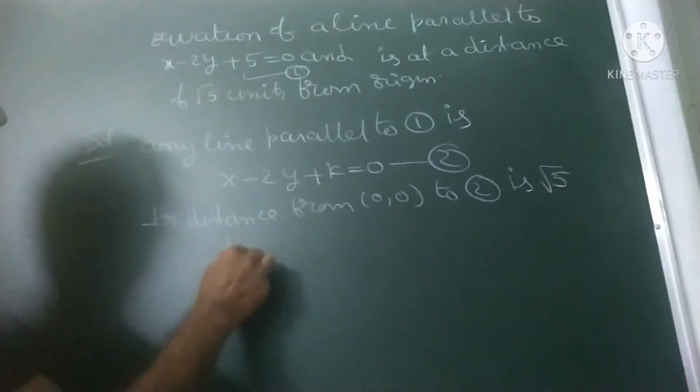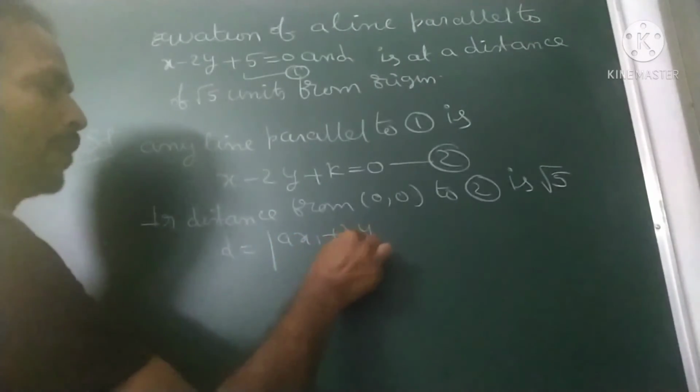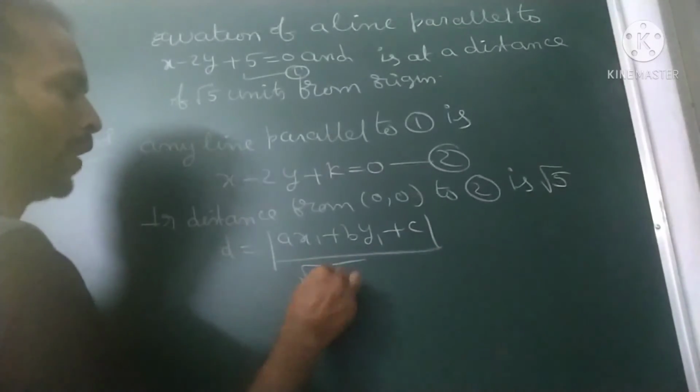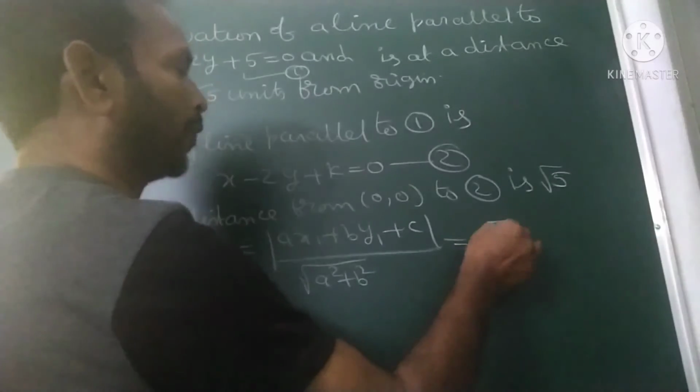Perpendicular distance formula: modulus of ax1 plus by1 plus c by root of a square plus b square. How much is given? Root 5.